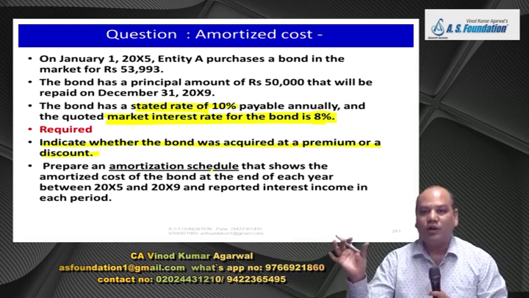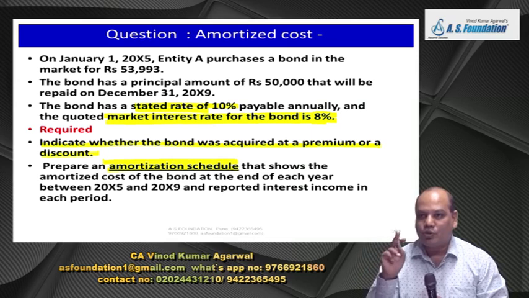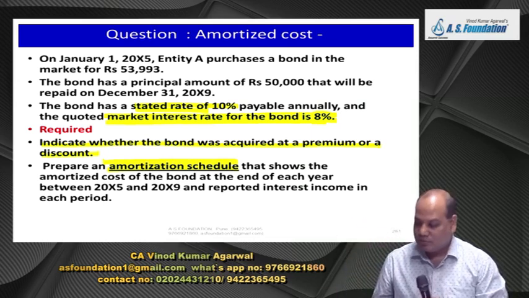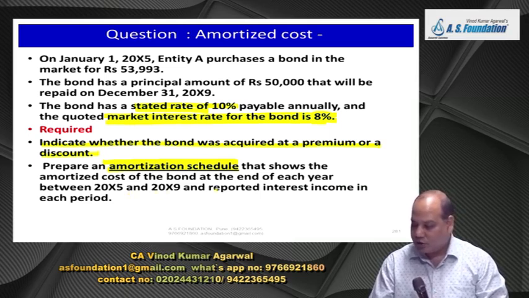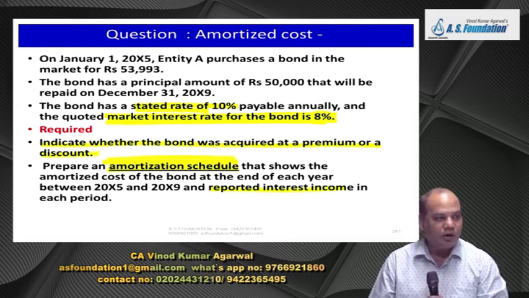If they specifically ask you this, then first you have to prepare a table for 5 years showing these. That shows the amortized cost of the bond at the end of each year between 2005 to 2009 and the reported interest income in each period. That in any case I am going to calculate while preparing the amortization schedule.